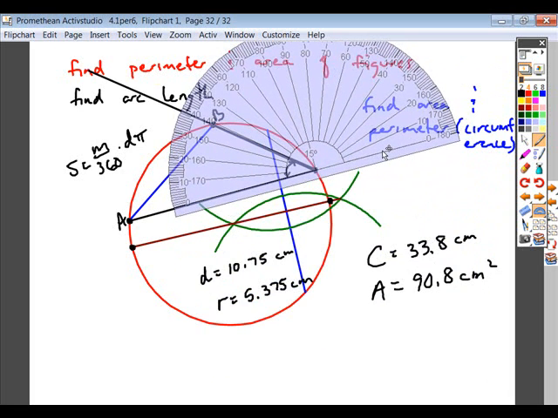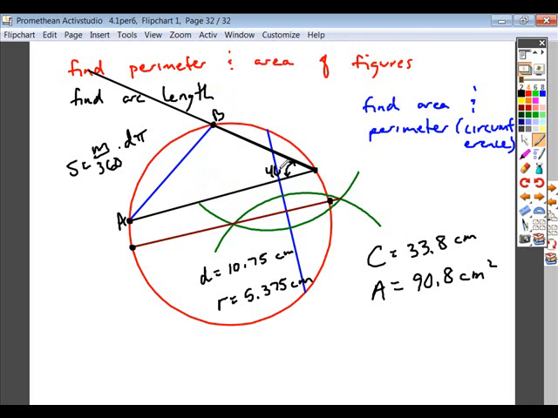It would be approximately 40 degrees. So if I knew that this was 40 degrees, then what would my arc measure for this arc be? 80. Okay, now, once again, I could have found the center as well and done a central angle. If that's the case, then it's exactly equal to that measure.